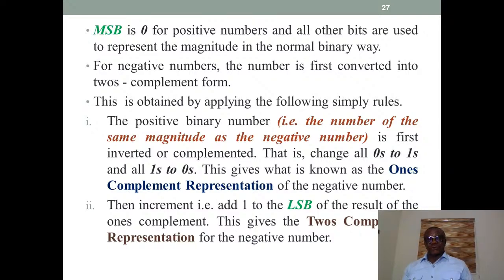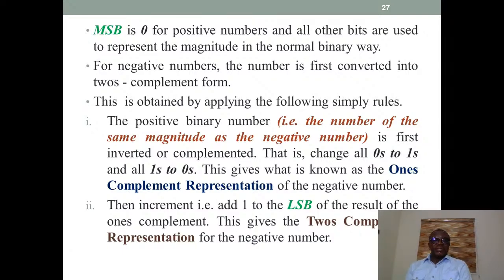I want you to note this, very important. When a number is given as a negative number, you must first convert that number into its two's complement equivalent. How do you do that? You obtain this by following a very simple rule.